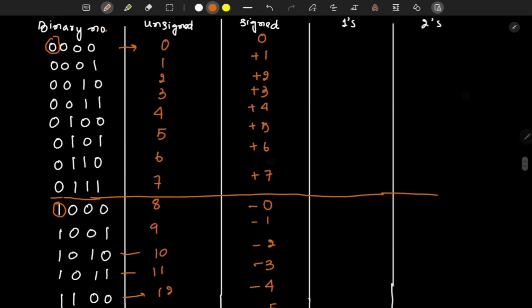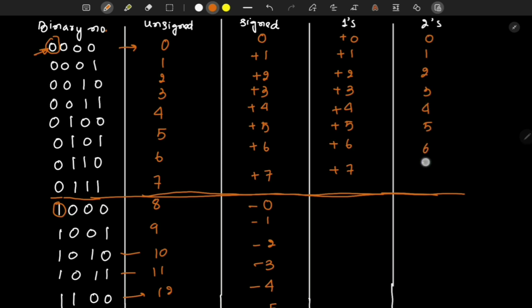Now talking about the 1's complement representation, again the most significant bit is 0, so it means a positive number. So we will have positive 0 here, plus 1, plus 2, plus 3, plus 4, plus 5, plus 6, and plus 7. As I have told you, positive numbers have the same representation in complement form. So positive numbers in binary form and in complement representation have no difference.